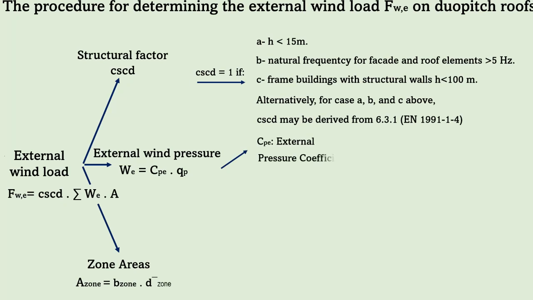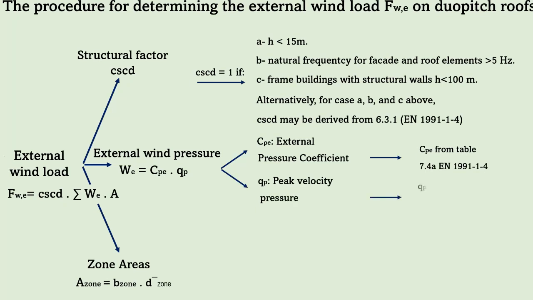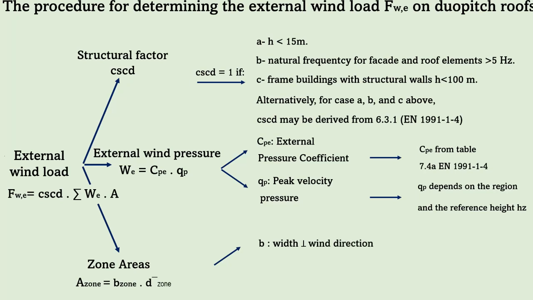Cpe is the external pressure coefficient and can be determined from Table 7.4 of Eurocode 1991. qp is the peak velocity pressure and depends on the region and the height of the building. b is the width of the building perpendicular to the wind direction. d' is the pitch length parallel to the wind direction.